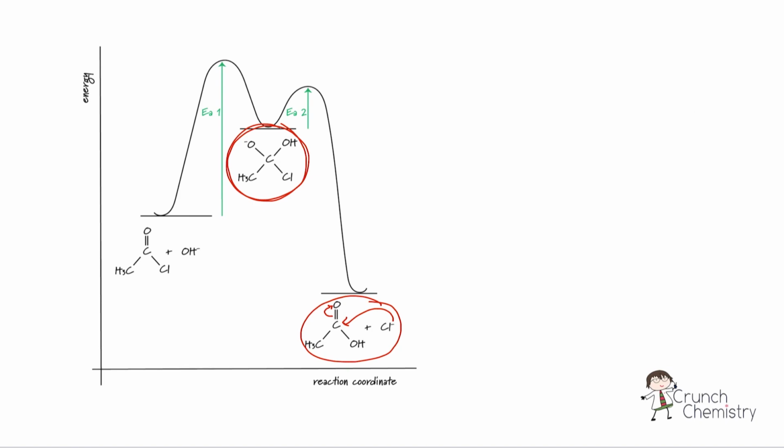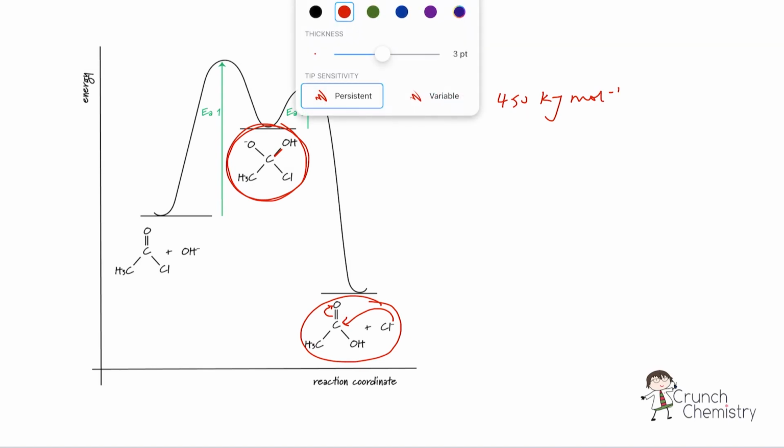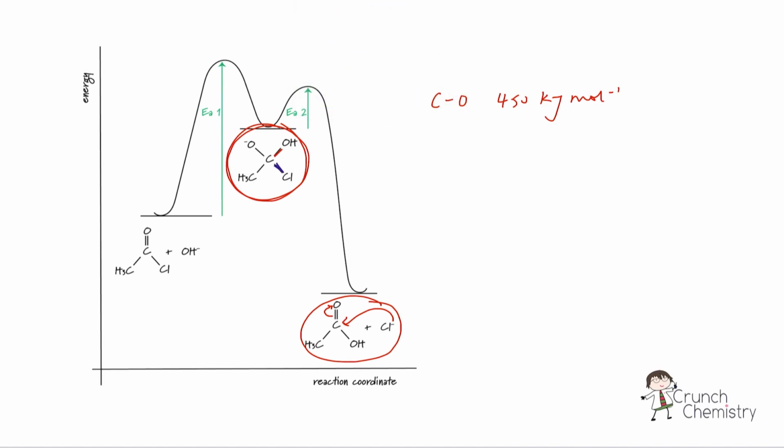We can break the carbon-oxygen bond, and the strength of a carbon-oxygen bond is around about 450 kilojoules per mole, or we can break the carbon-chlorine bond, and the strength of a carbon-chlorine bond is around about 350 kilojoules per mole.